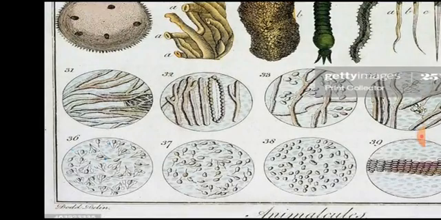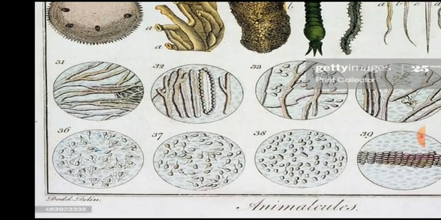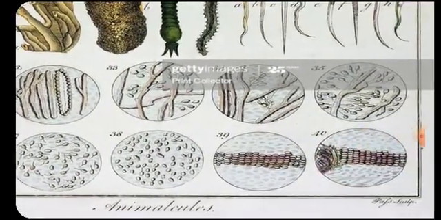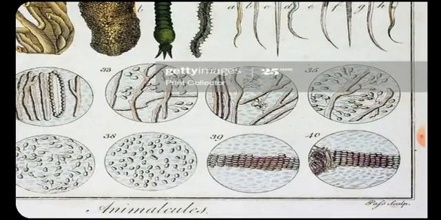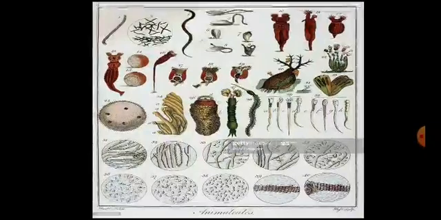You can see at the bottom 36, 37, 38, 39 are the observations of bacterial cells. So these were the different observations which were made by Antony van Leeuwenhoek.